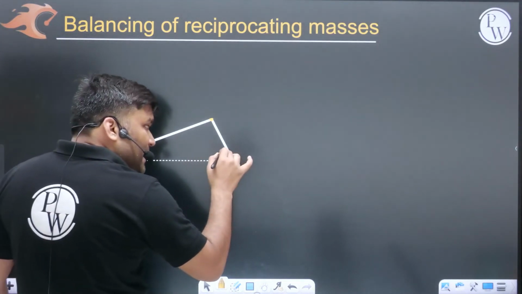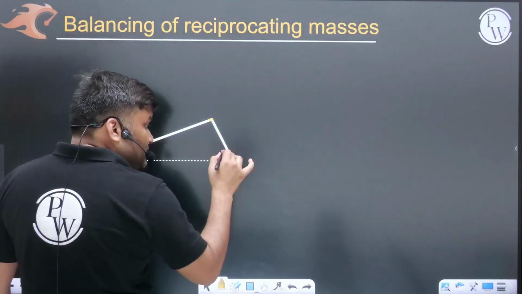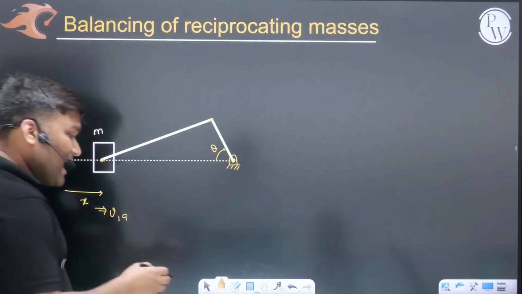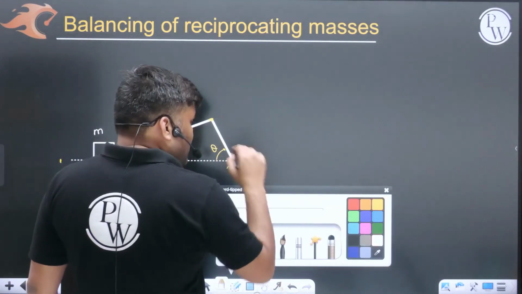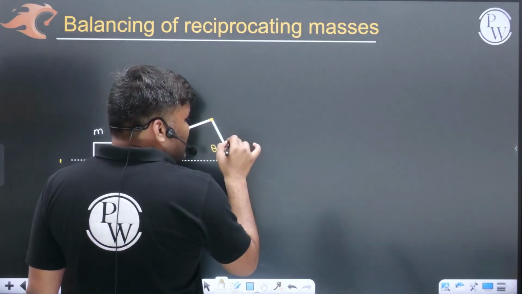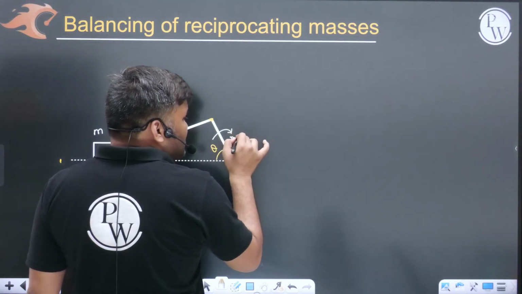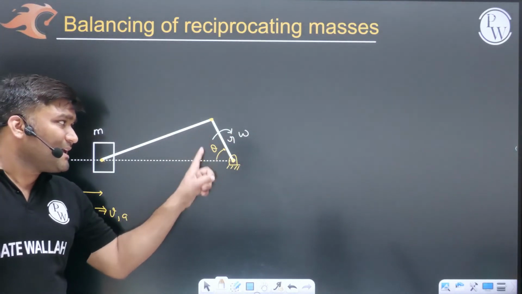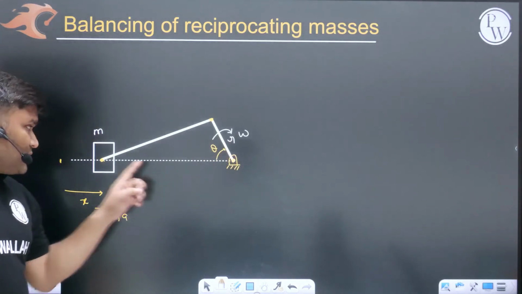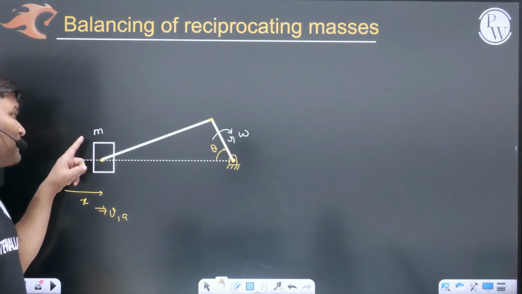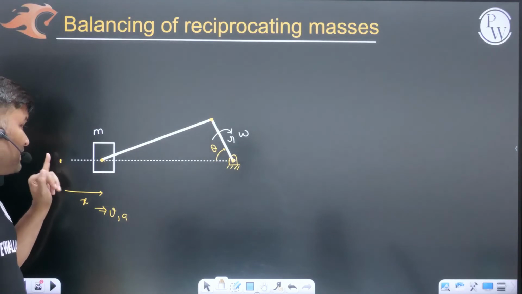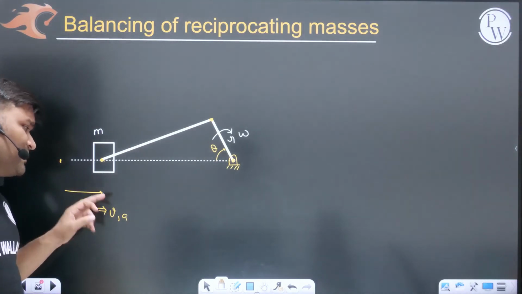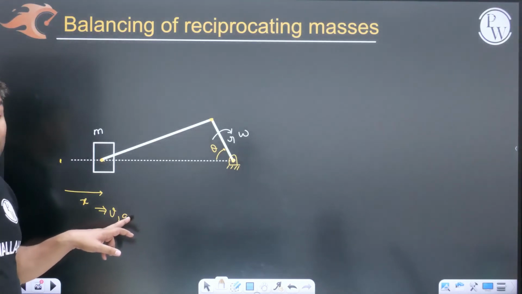When crank has rotated with theta angle, and this crank is rotating with, radius r is given. This is rotating with omega angular velocity. In the time t, when this crank has traveled theta angle, your piston whose mass m is there, it has traveled from outer dead center position, some x distance. V velocity say a acceleration say it is moving.